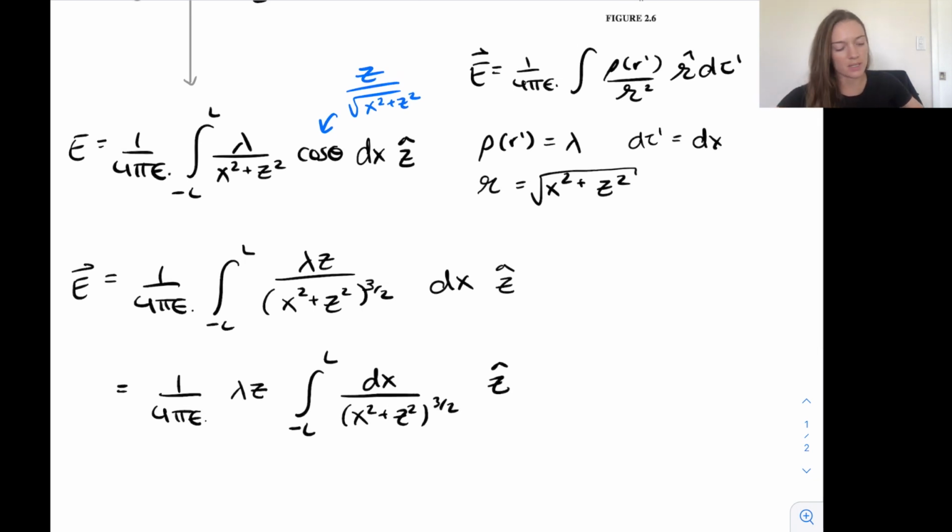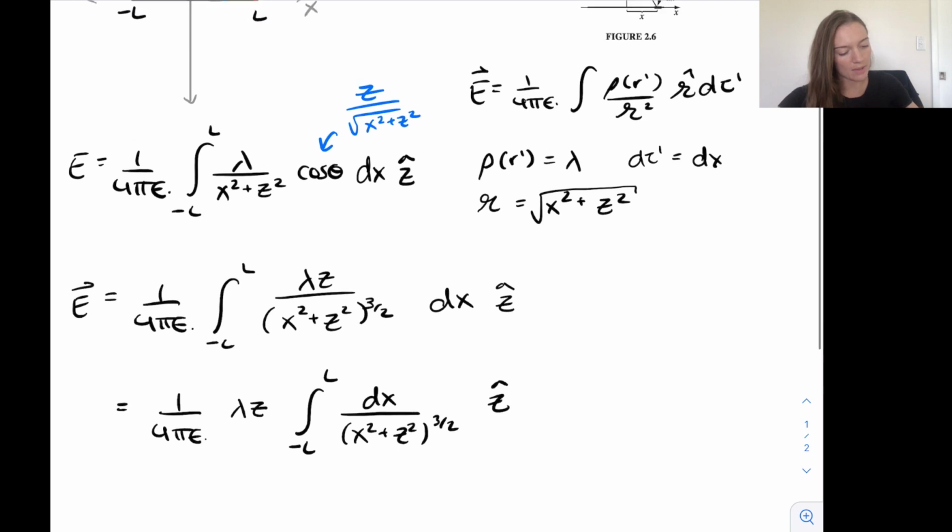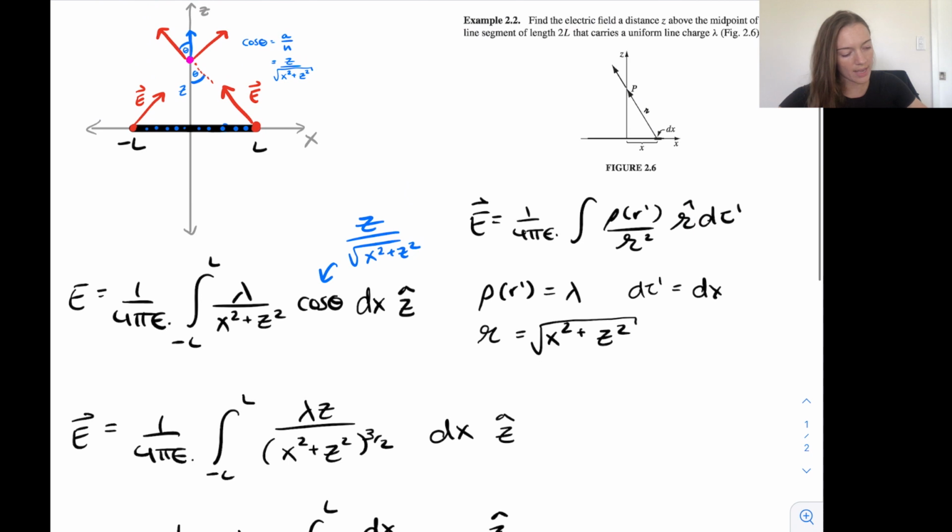And one more thing before we solve this integral, you really have to be careful with this r hat vector, because as we saw, the direction of the r hat vector depends on where you are in your integral. So as you integrate along your charge distribution, the direction of this r hat vector will change. And that's the case for any vectors that are not just x hat, y hat, and z hat.